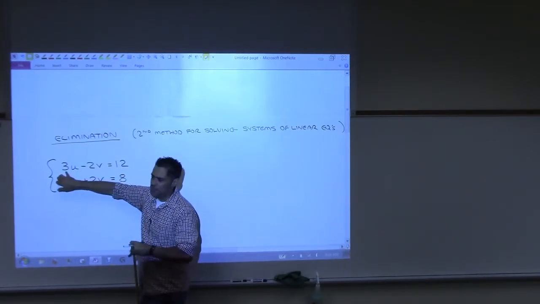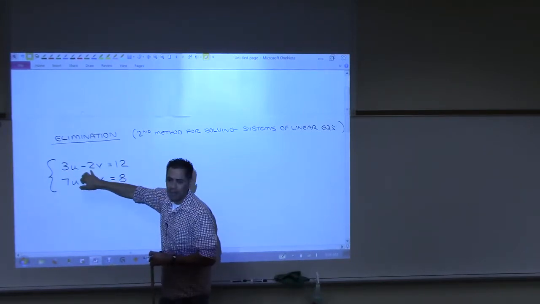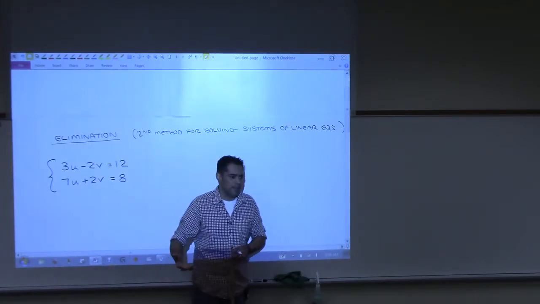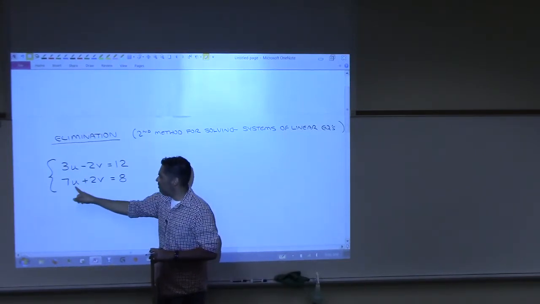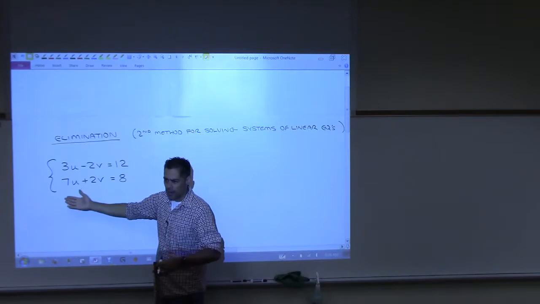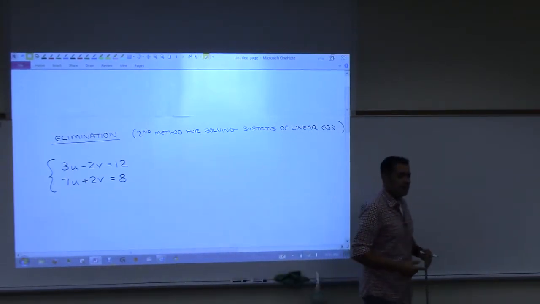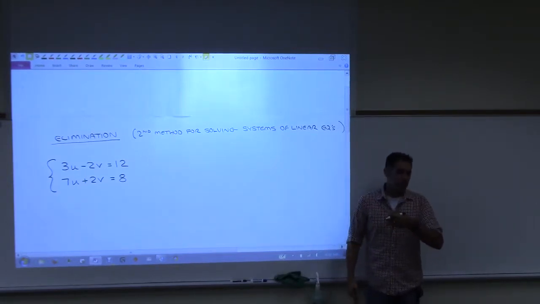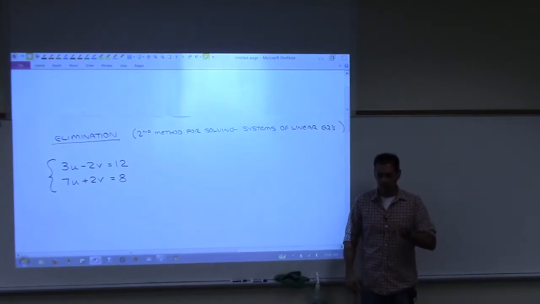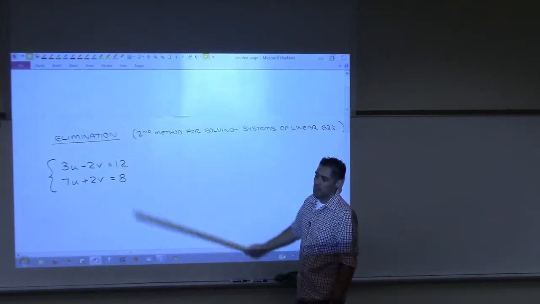That's going to create fractions. If I solve for v, I'm going to have to divide through by -2. Again, fractions. Same thing with the second equation: solve for u, you divide by 7; solve for v, you divide by 2, fractions. Unless you're very comfortable working with fractions, which most students are not, then you go to possibly using elimination.